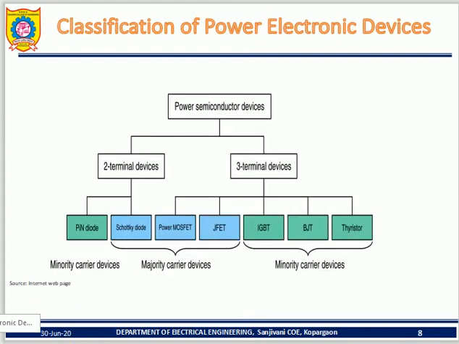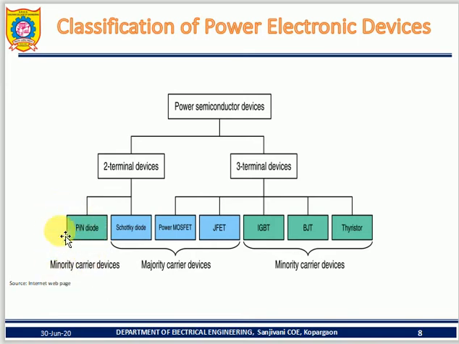Now we go for the classification of power semiconductor devices. Basically there are two types: two terminal devices and three terminal devices. A two terminal device is called a diode. Three terminal devices come under the thyristor, BJT, MOSFET and IGBT. Further, there are minority carrier devices.